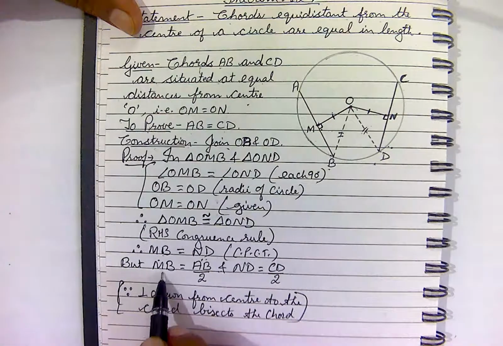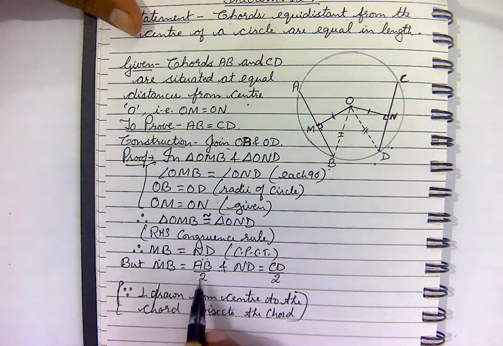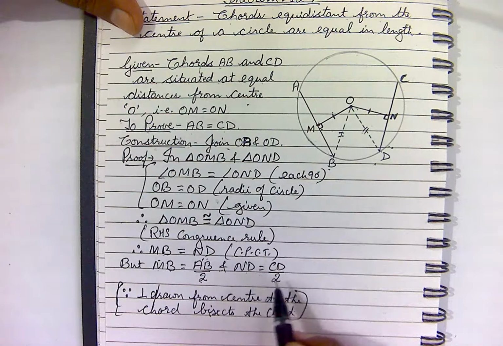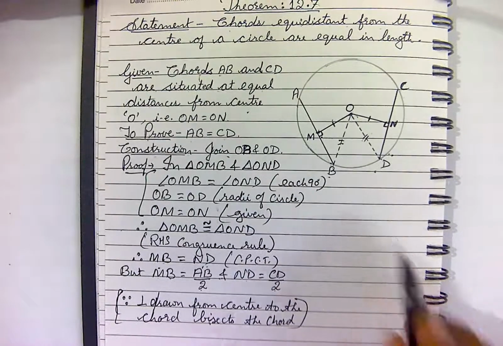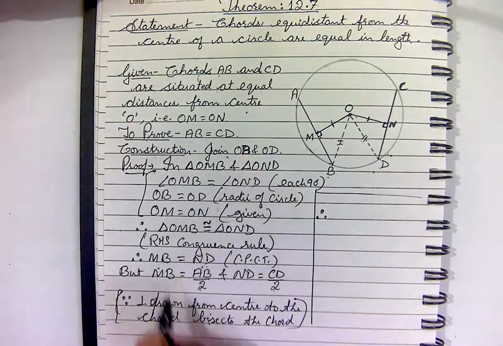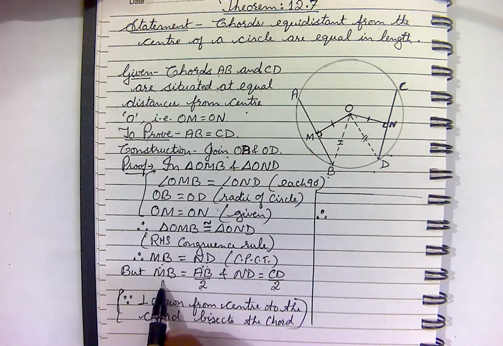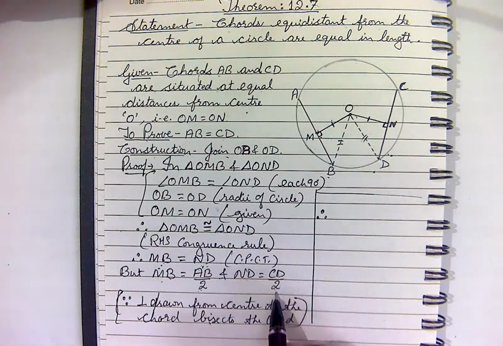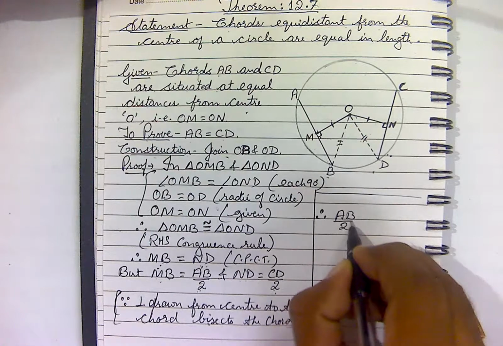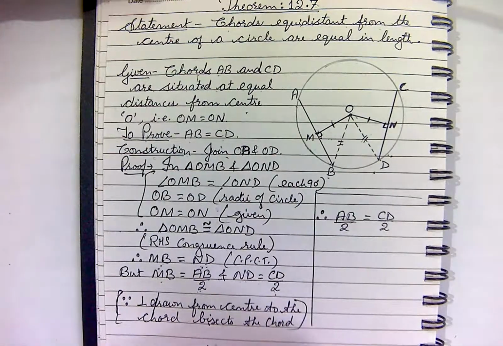So just because of this property, or say the theorem, MB is half of AB and ND is half of CD. Now if these two are half of it each, then because MB and ND are equal, you have AB upon 2 is equal to CD upon 2.